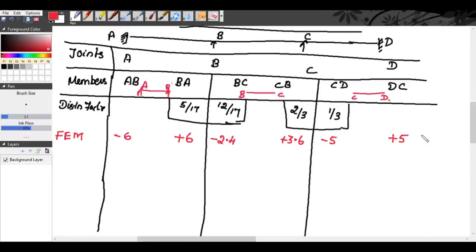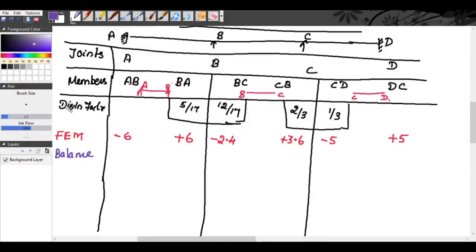See, here the concept is: write the moment, balance it. Write the moment, balance it. Now we will write the balance. How will we write the balance? Balancing is done at joint B and joint C using the distribution factors.